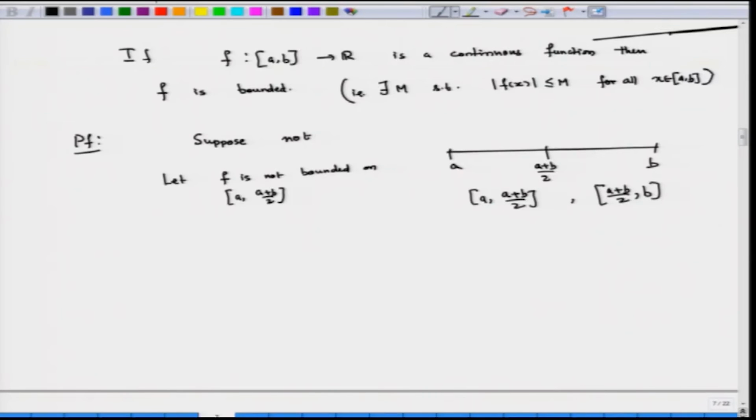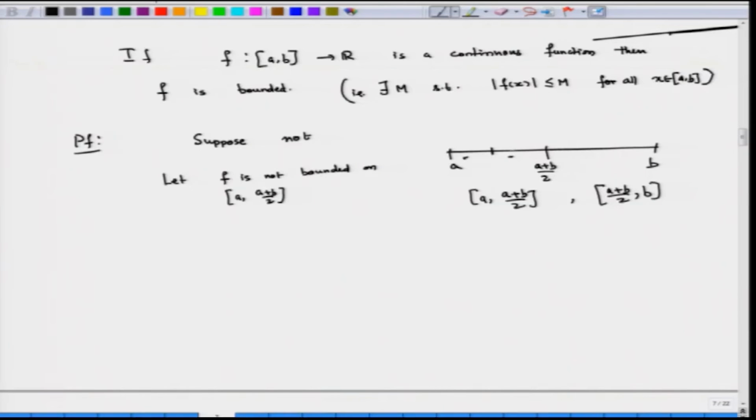Now again I divide [a, (a+b)/2], where f is not bounded, into two parts. Then either f is not bounded here or f is not bounded here. It cannot happen that f is bounded on both the intervals, since then f will automatically be bounded on the whole interval.